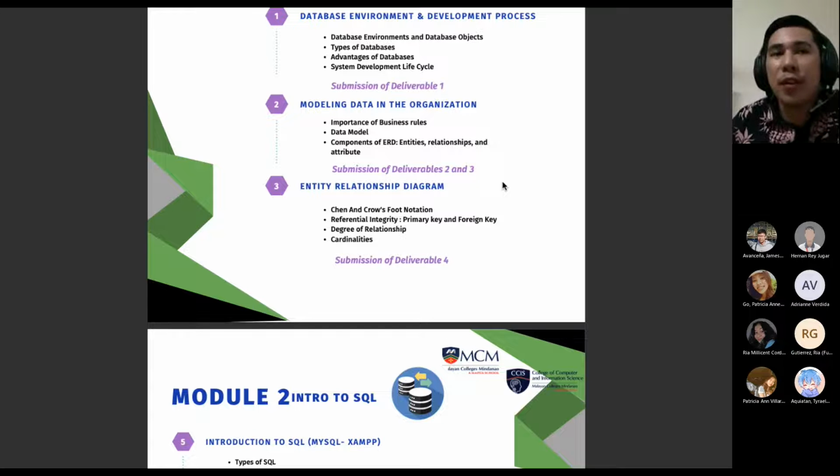Whenever you have finished deliverable 1, then you will need to proceed to the next deliverable. So we are going to follow the systems development life cycle, which is a waterfall model, as the word itself says.